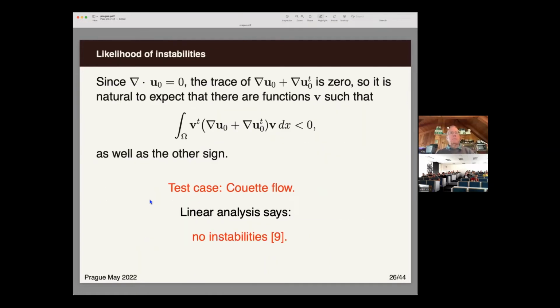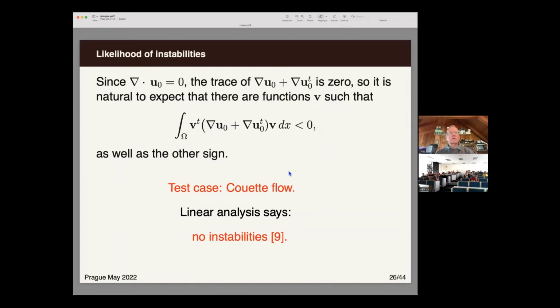Okay, we do expect this thing to have a negative sign because we are talking about incompressible flow, and the trace then of the strain is 0. So it will have a positive eigenvalue and a negative eigenvalue. And so this can definitely be negative as well as positive.